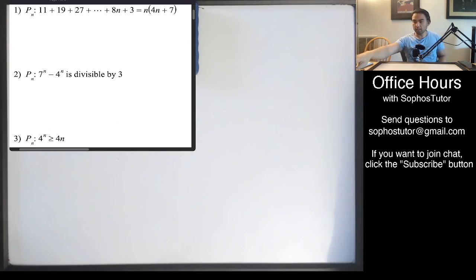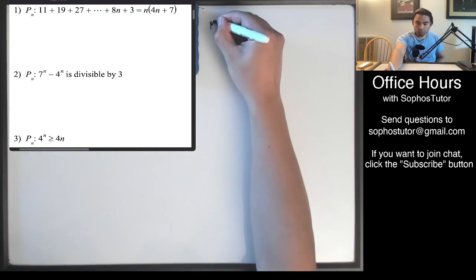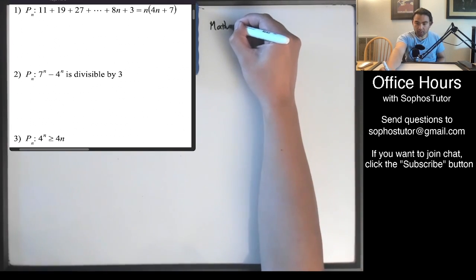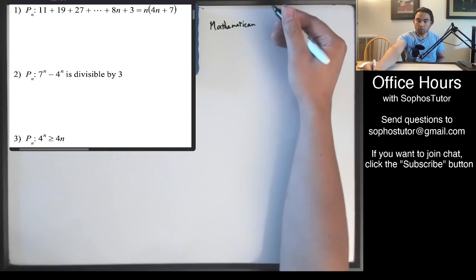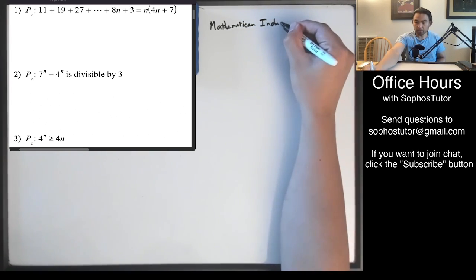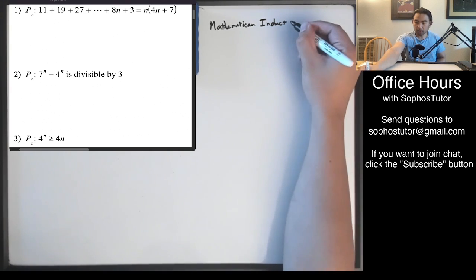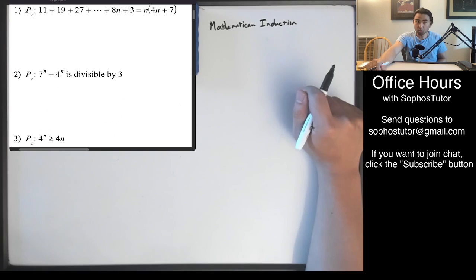But once we understand these steps, hopefully we will be able to understand mathematical induction a little bit better. So the process of mathematical induction is to prove whether a specific mathematical statement is true.